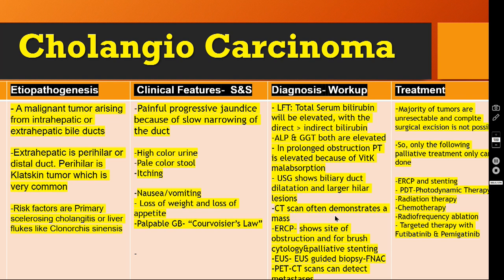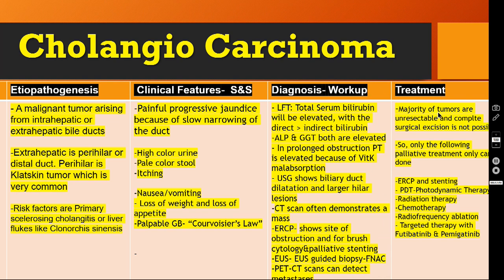CT scan often demonstrates a mass. ERCP shows the site of obstruction, and this is for brush cytology, and palliative stenting also can be done with ERCP. EUS guided biopsy with FNAC also can be done in cholangiocarcinoma. PET CT scans can detect distant metastasis.